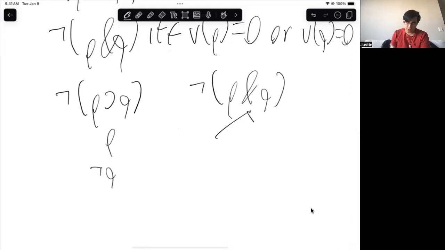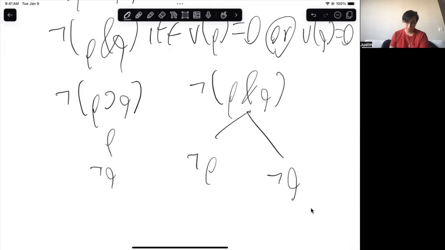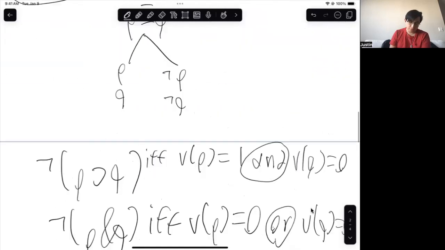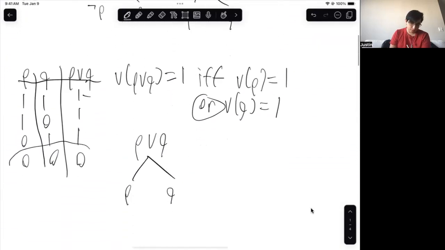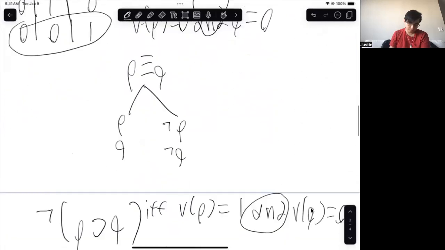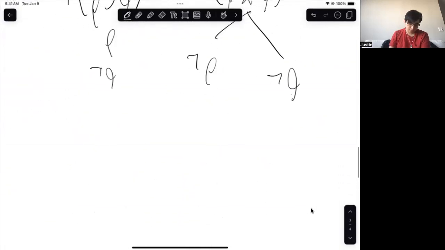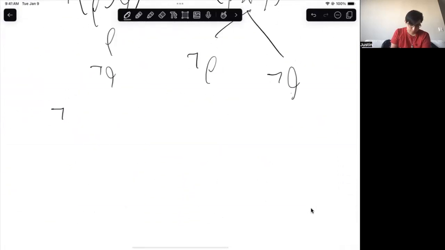And for the negated conjunction, since it's an or statement, either of them is false. And for the negated disjunction, it's only false in one instance, so both of them have to be false.